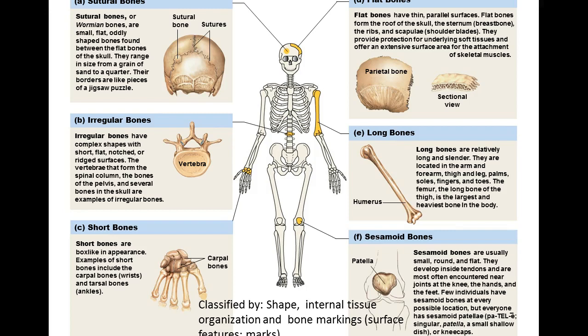And then you have irregular bones, of which the vertebral column is an excellent example. No two vertebral bones are exactly alike. They're highly irregular.